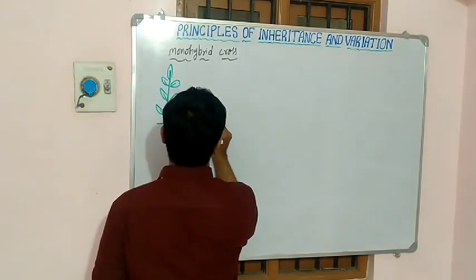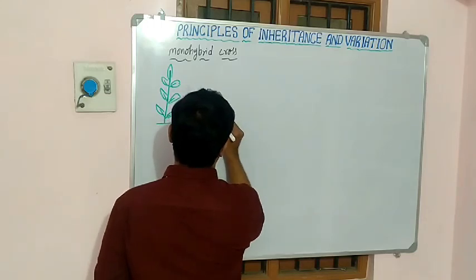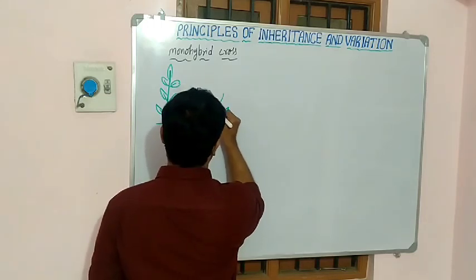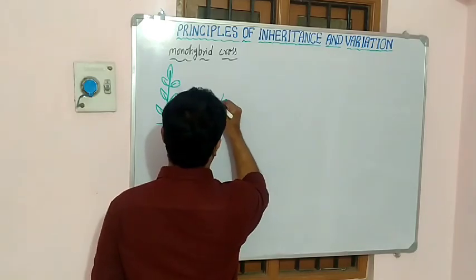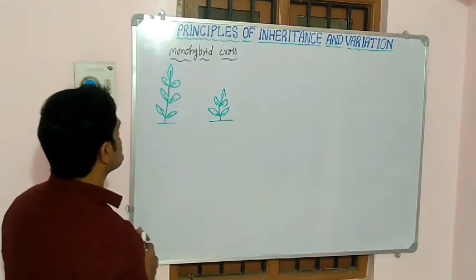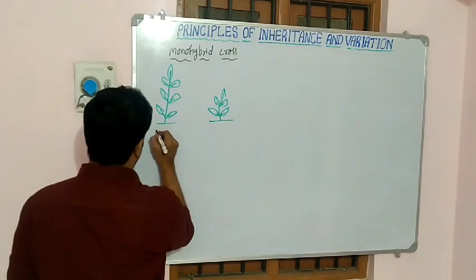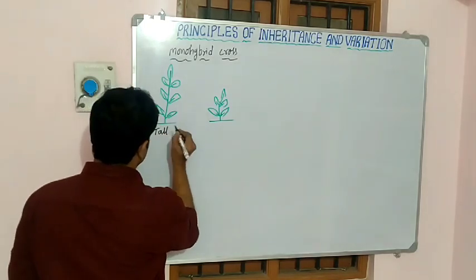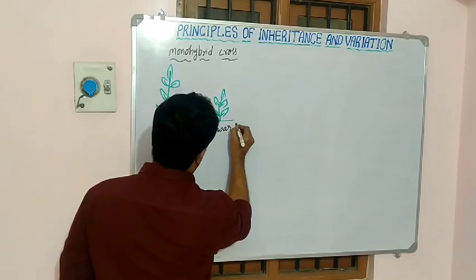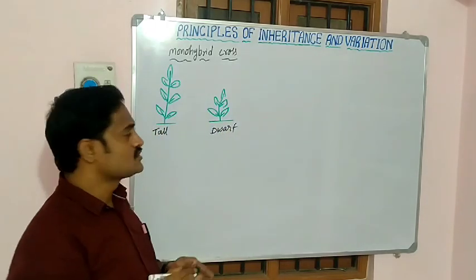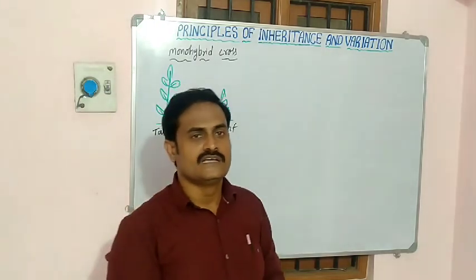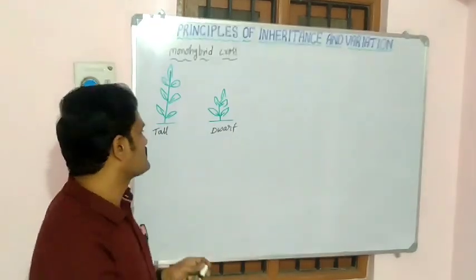Again Mendel chose one more plant that is called dwarf plant. So which type of plant is it? Dwarf plant. Remember, it is a tall plant and it is a dwarf plant.